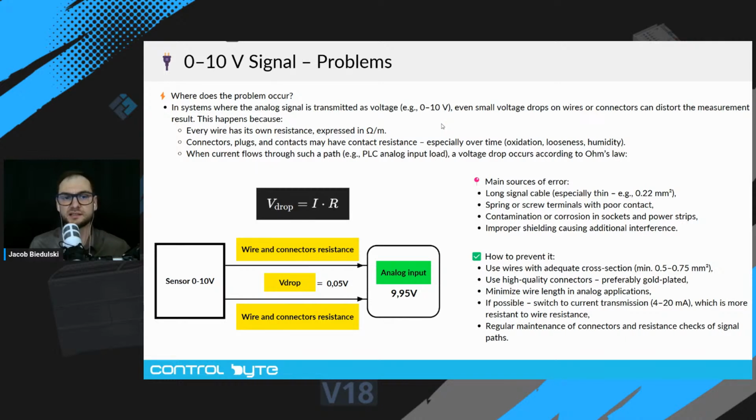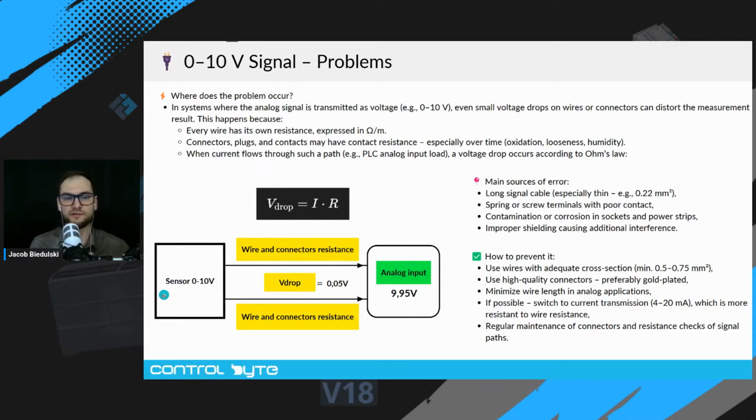Connectors, plugs, and contacts may have contact resistance, especially over time, oxidation, looseness, humidity, and so on. So when current flows through such a path, for example, PLC analog input load, a voltage drop occurs according to Ohm's law.